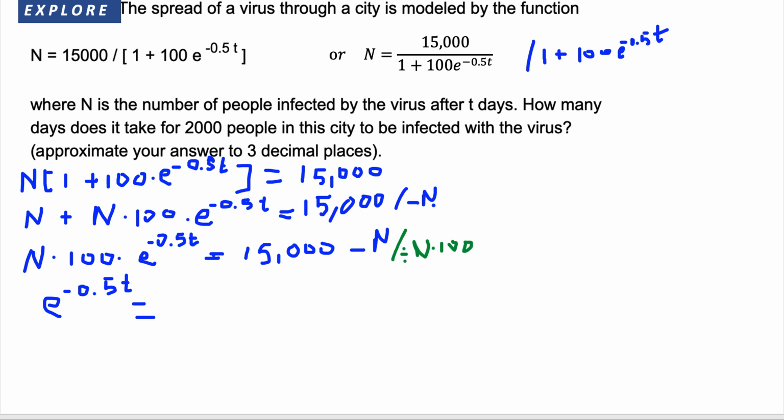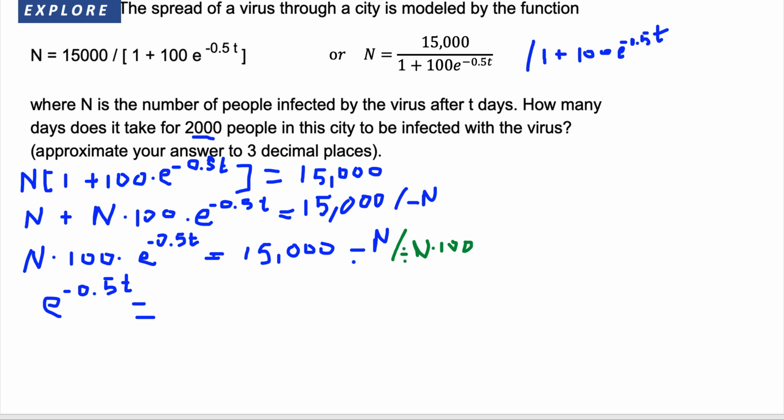But now let's substitute N with 2,000, because N describes the number of people, how many are going to be infected in how many days. The 2,000 people, in how many days are they going to be infected?